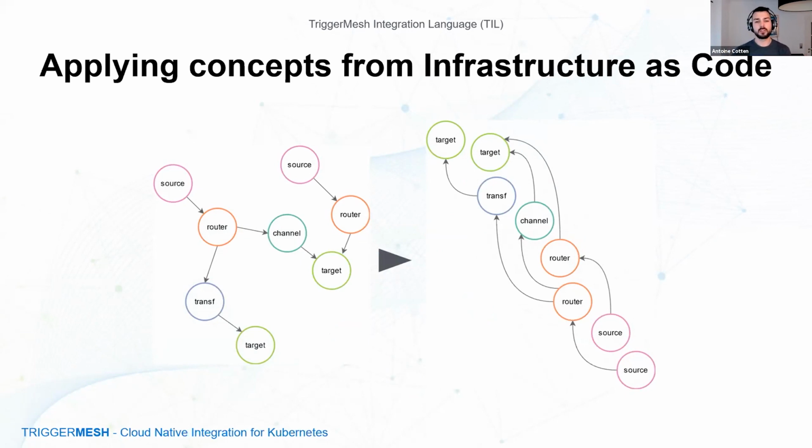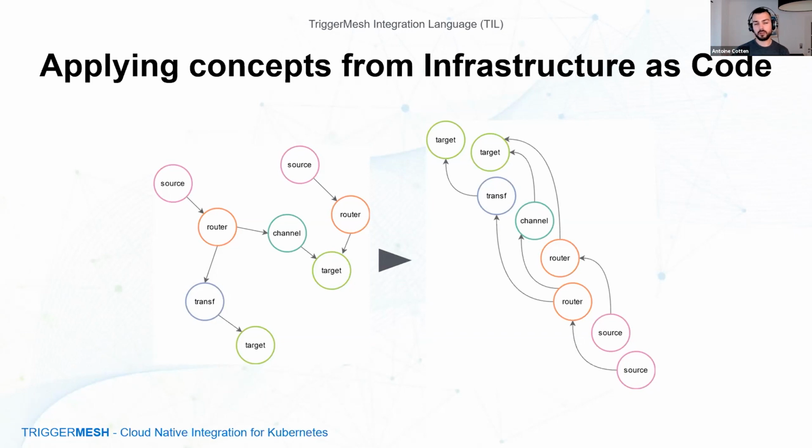So this allows two things. The first thing is to determine the relationship between the Knative components and resolve their addresses in a certain order. So for example, an event source needs to know the address of an event target ahead of time in order to send messages to it. I mean, in terms of object resolution, not in terms of runtime.